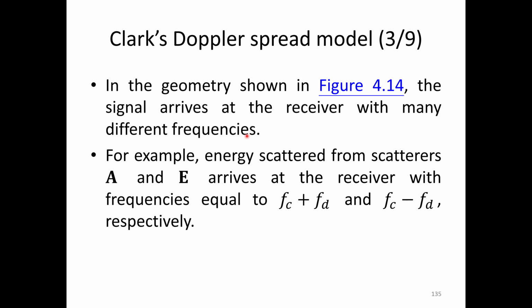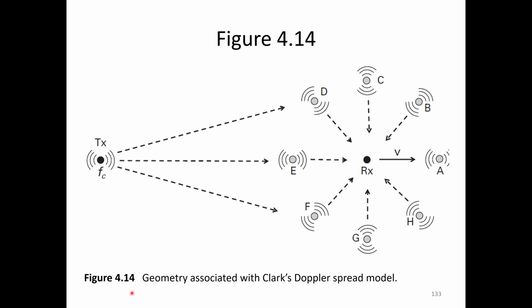Okay, let us see figure 4.14 again. Okay, so in this figure, you can see that there are total 8 different scatterers. Okay, so the electromagnetic wave arrives at the receiver with different frequencies.